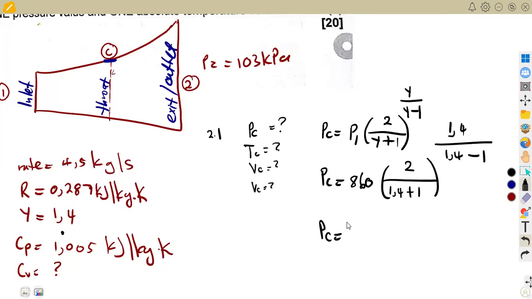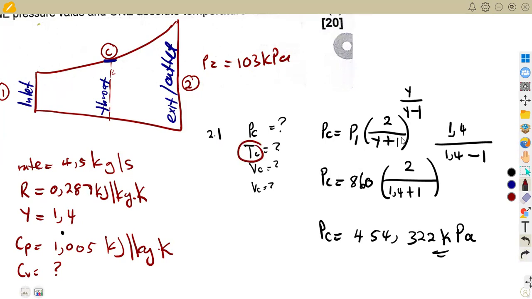If you simplify, we get something like 454.322 kilopascals. Since the pressure was in kilopascals, our answer is also in kilopascals.